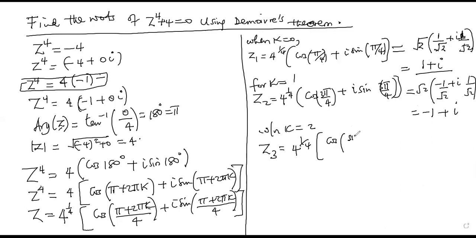So we have 5 pi over 4 plus I sine 5 pi over 4. So this is going to be root 2 into negative 1 over root 2 minus 1 over root 2, but with the I. So this is going to be negative.